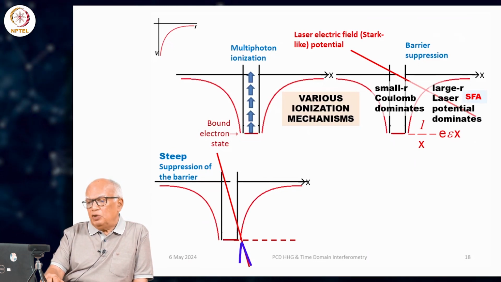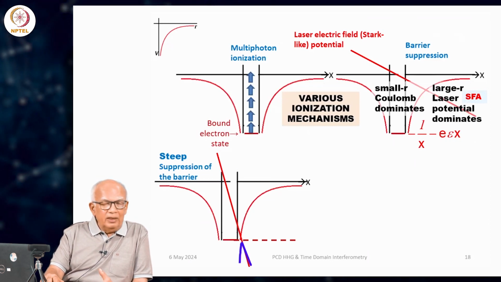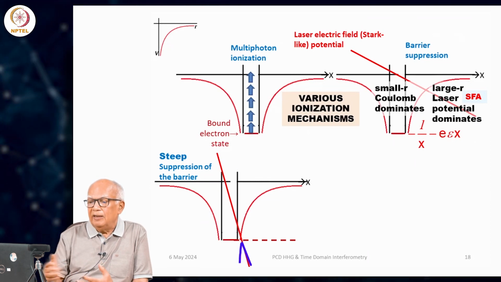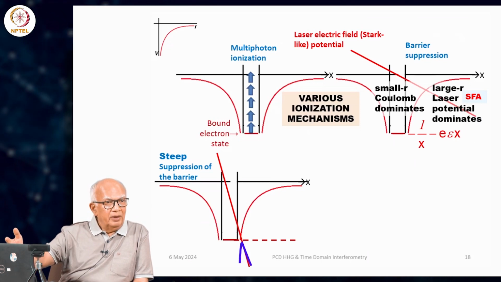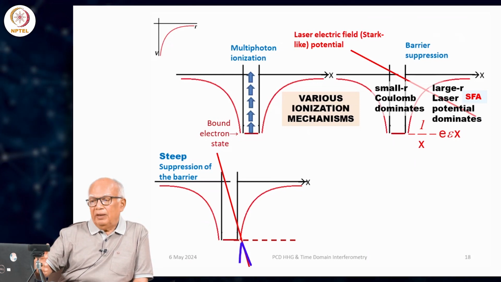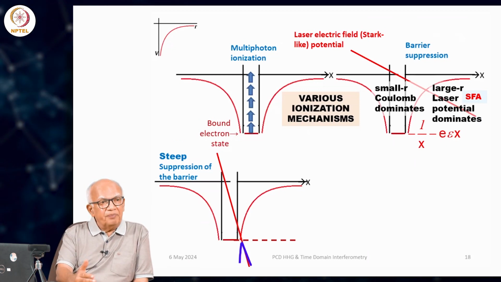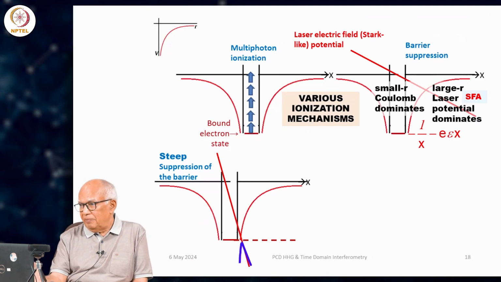It might come out with practically no speed, and the approximation that we are going to talk about will consider the escape speed of that electron to be 0 when it comes out, but that is enabled by suppressing the barrier just enough so that the electron can escape the bound region.